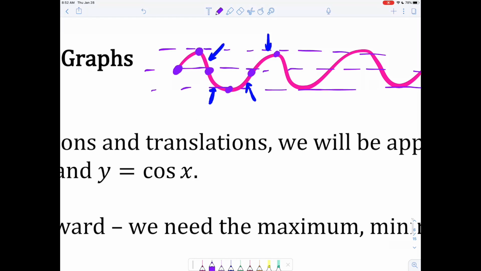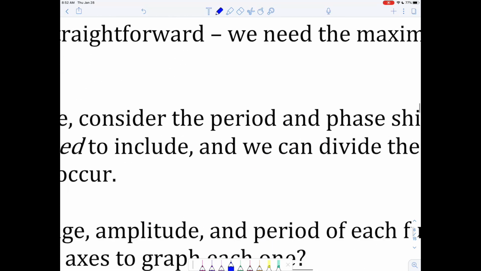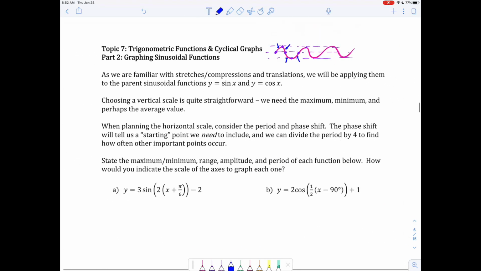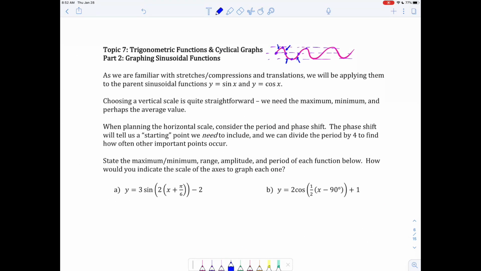So noting that there are 4 components to one period, we can take the period and divide it by 4 so that we can find out how often other points occur.